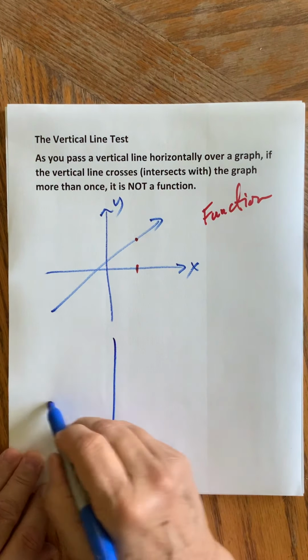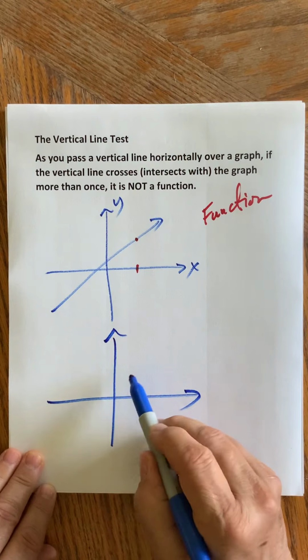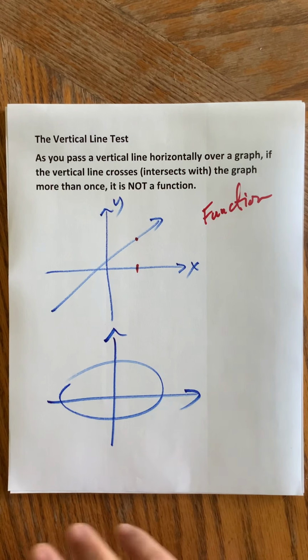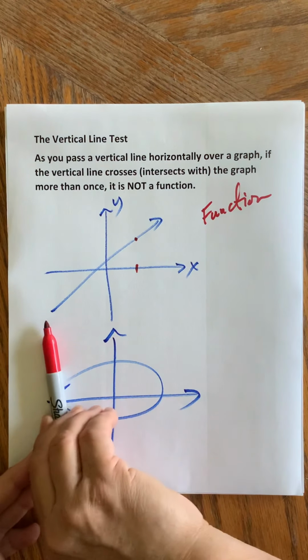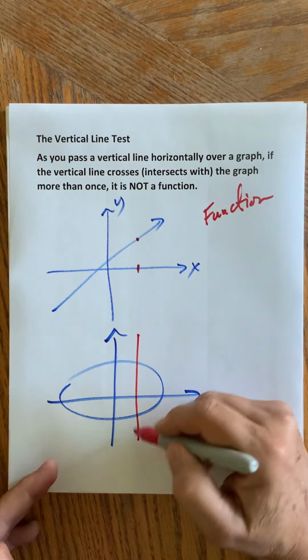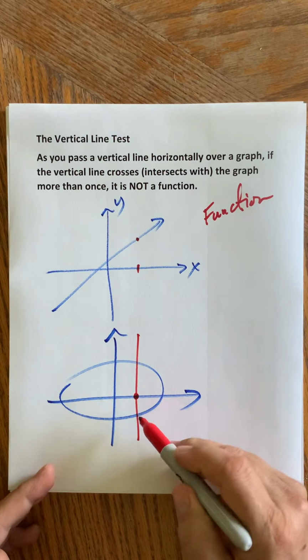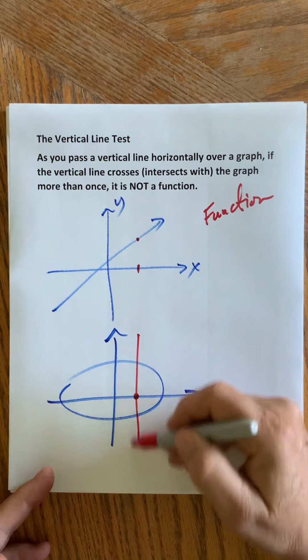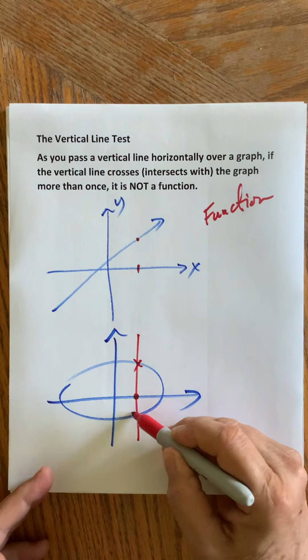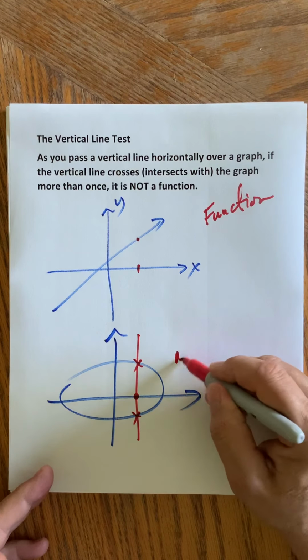So let's take another example. Let's say I look at a circle, or an ellipse in this case, it looks like. Well, almost anywhere except for the endpoints, here's an input, and then if I scan up and down, that's where it becomes like a vertical line. I see that I hit the graph twice, so this is not a function.